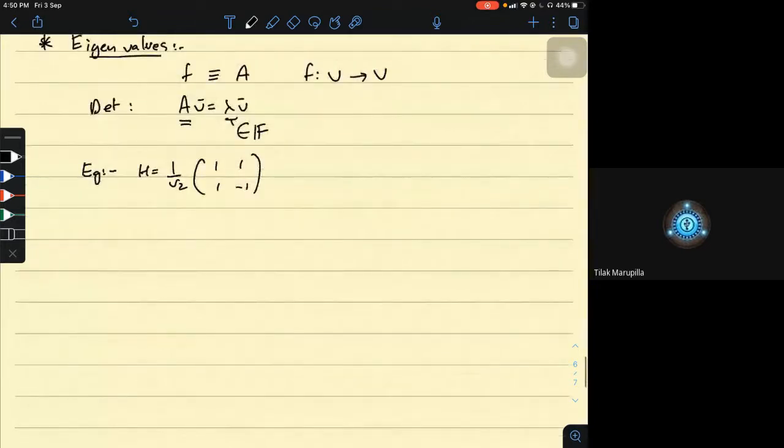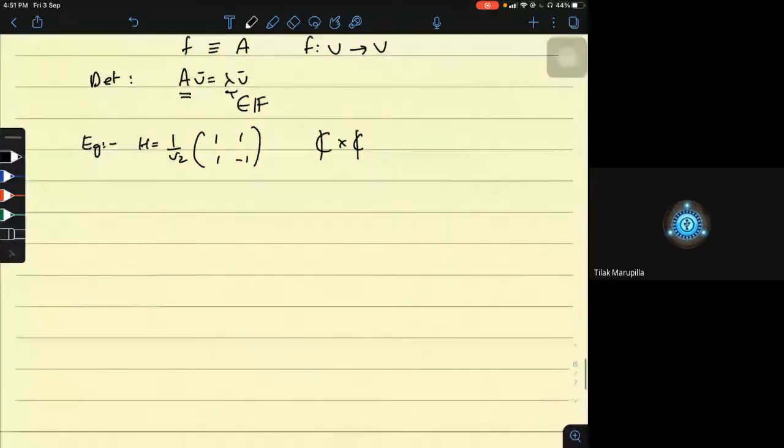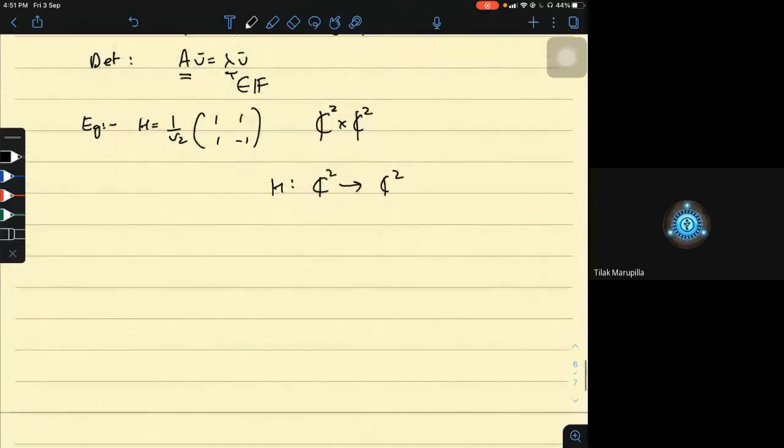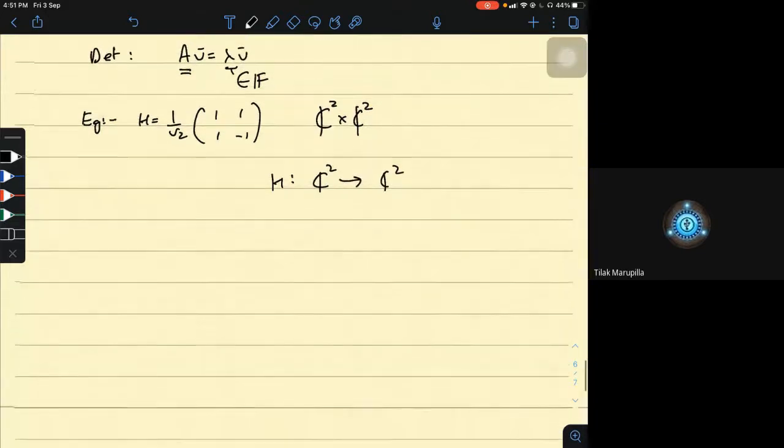This is a linear operator on the field C. H goes from C square to C square, and it's given in this form. So we want to find the eigenstates of this.